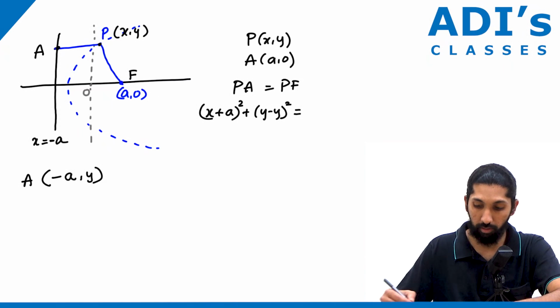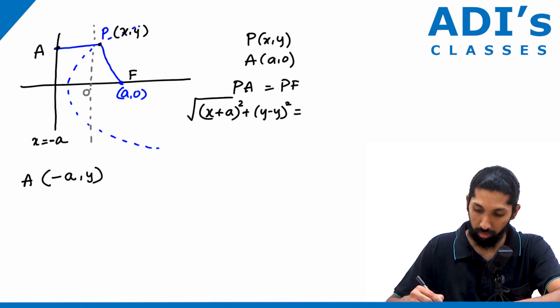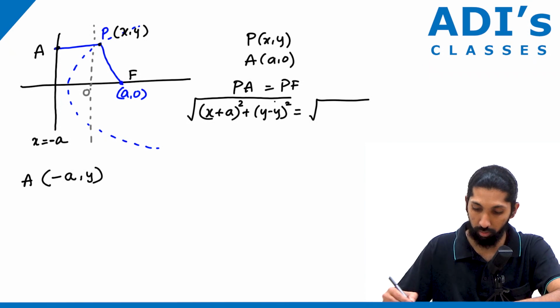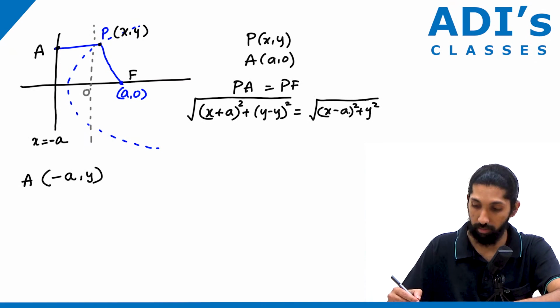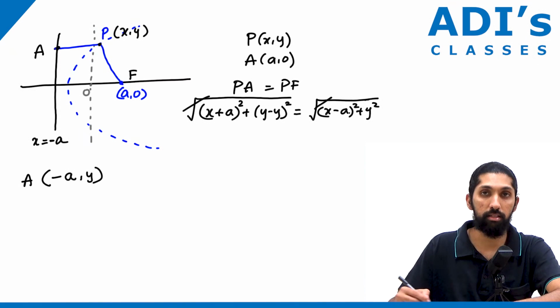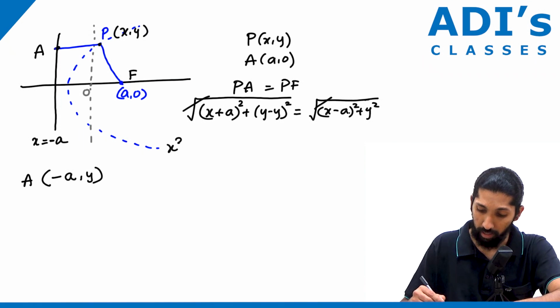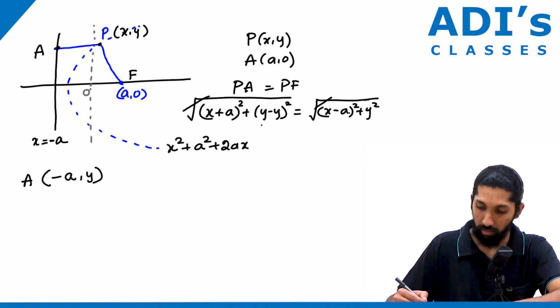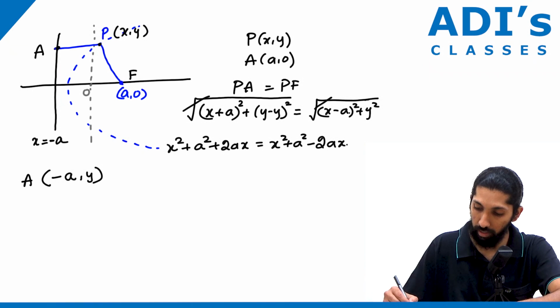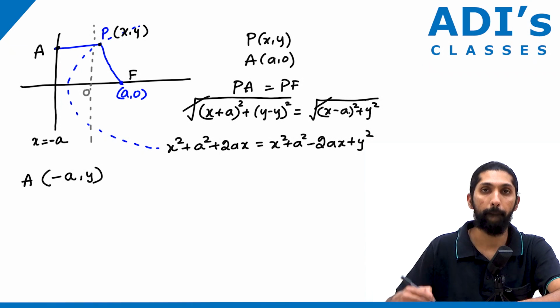So PF is going to become root of (x minus a) whole square plus y square, because (y minus 0) whole square is just y square. Square on both the sides. The root gets cancelled. You get x square plus a square plus 2ax, y minus y is 0 anyway, is equal to x square plus a square minus 2ax plus y square. Correct?